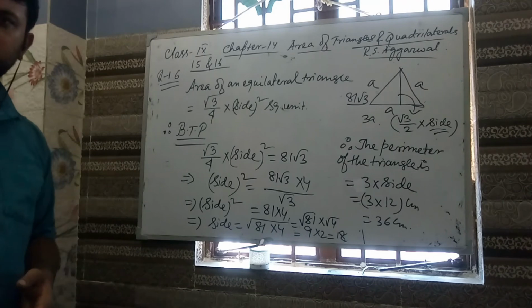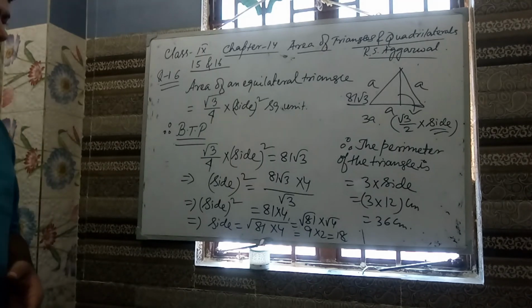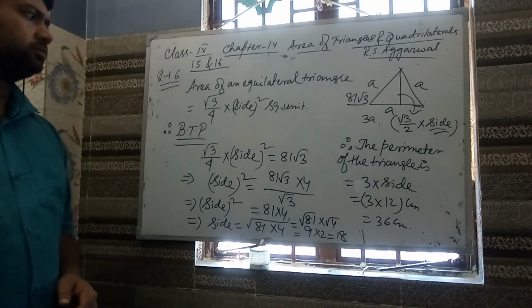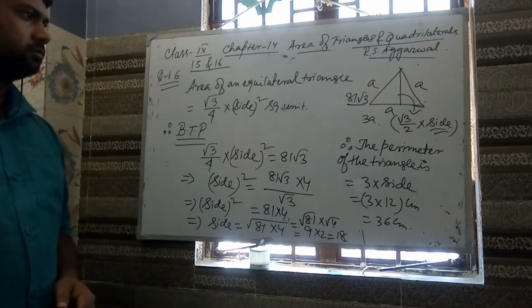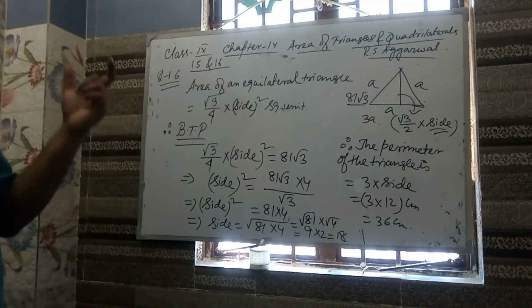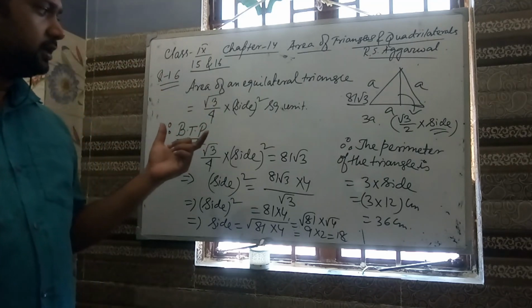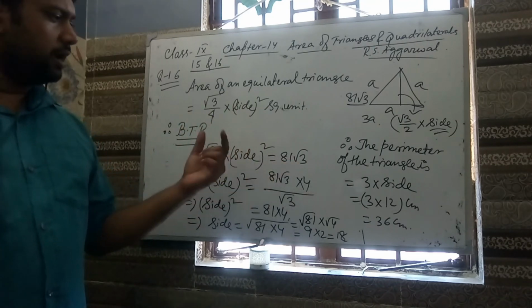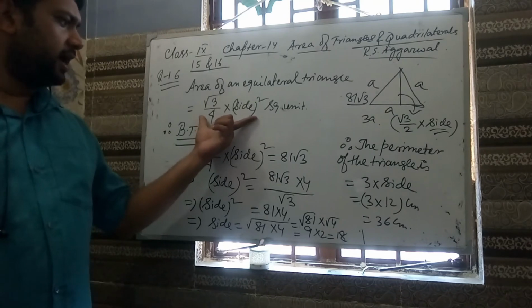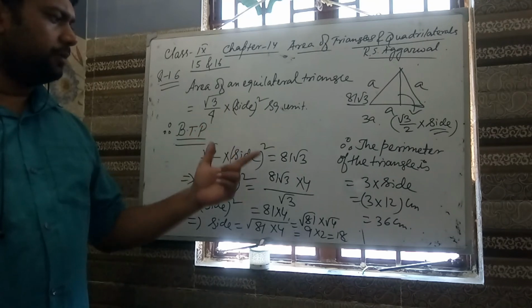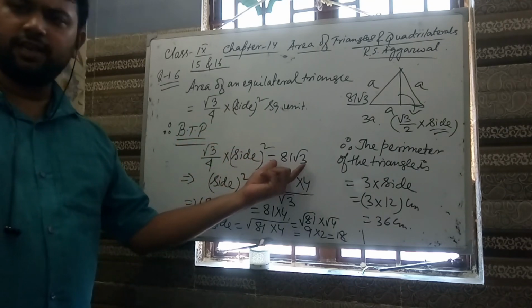Look, what is given? In the question it is given that area of the triangle is 81 root 3. So we have to use the formula of area, that is root 3 by 4 into side square, and we have to equate it with the given area.